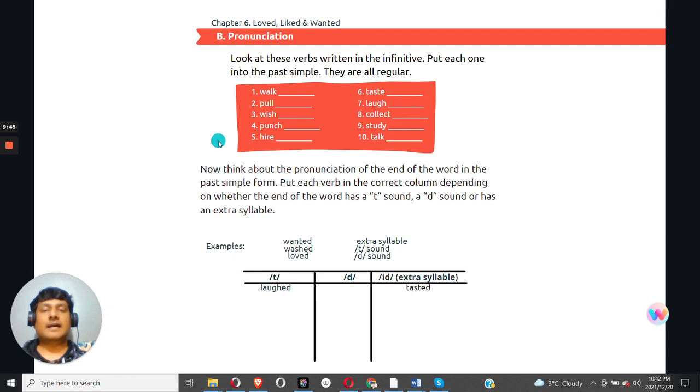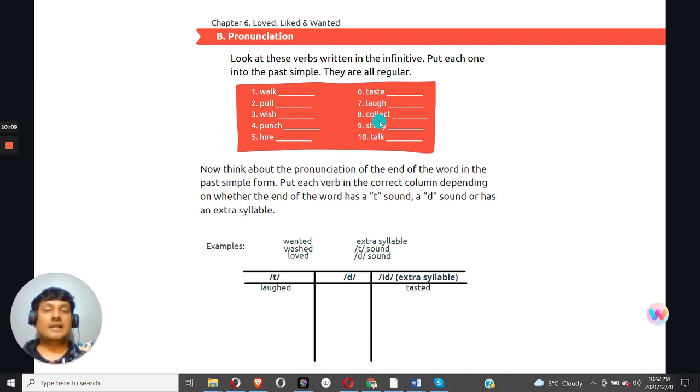Number 5, hired. You can hear the D sound. Hired goes here. Number 6, tasted. Tasted goes under here because it has 2 syllables and it's been done for you already. Laughed has the T sound in it, goes under here.